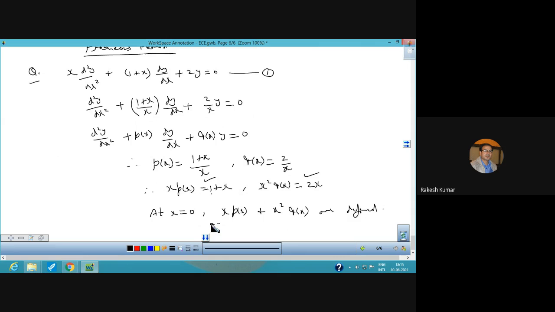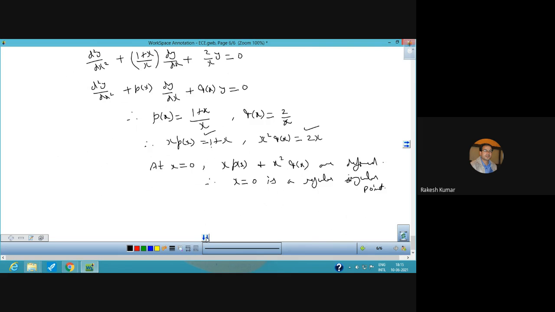If defined, then this point is a regular singular point. So at x equal to 0 is a regular singular point. This is the procedure to check whether the point is a regular singular point or not.